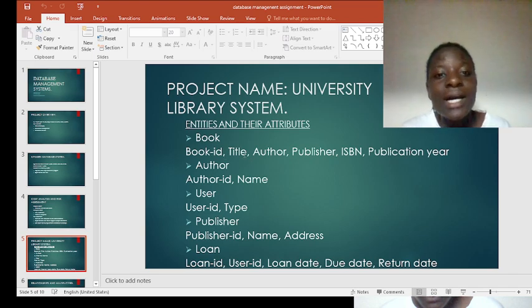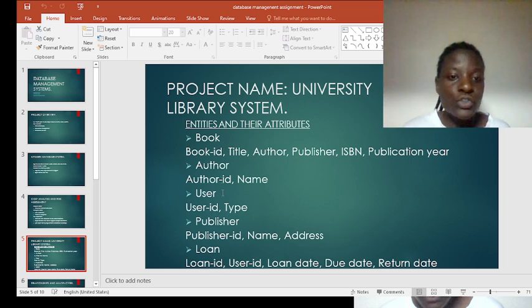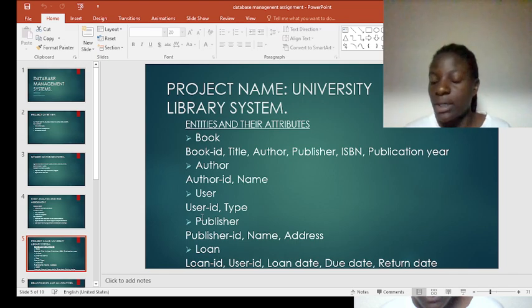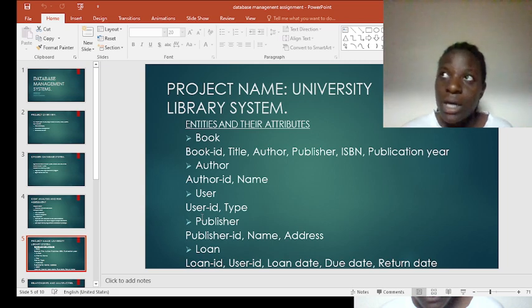Book has book ID, title, author, publisher, ISBN, the International Standard Book Number, publication year, and author has author ID and name. User has user ID and type, the type of user. It can be a student, or a staff member. Publisher has publisher ID, name, address. Loan has loan ID, user ID, loan date, due date, and return date.